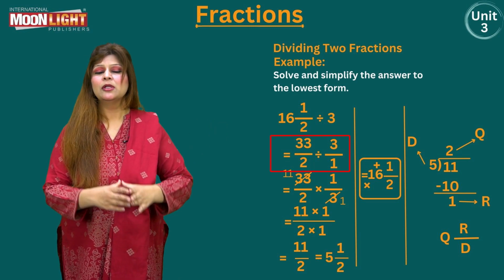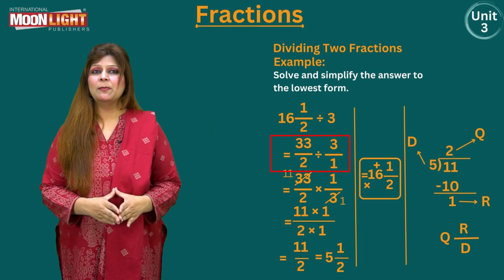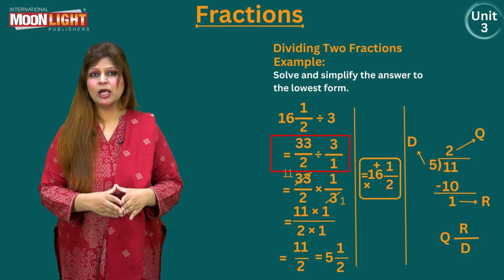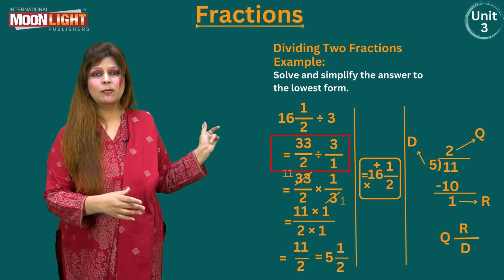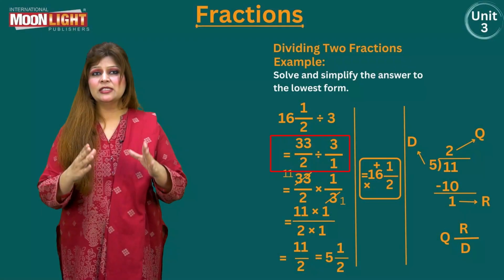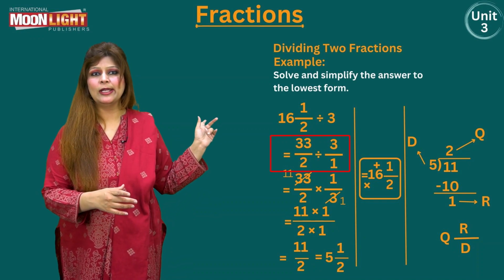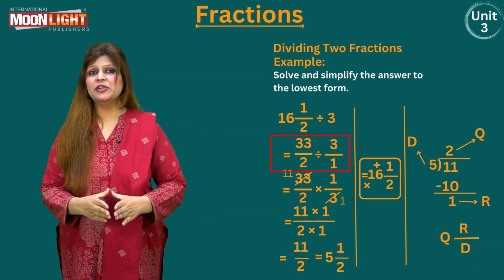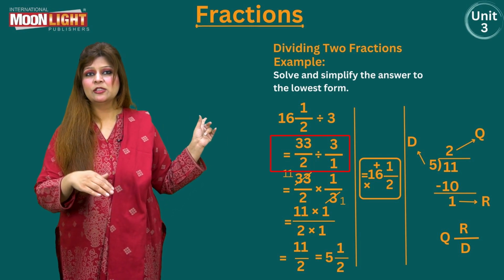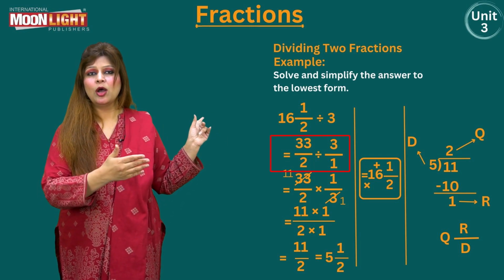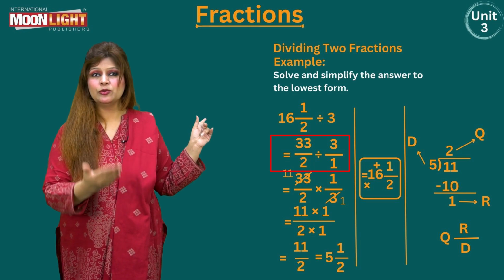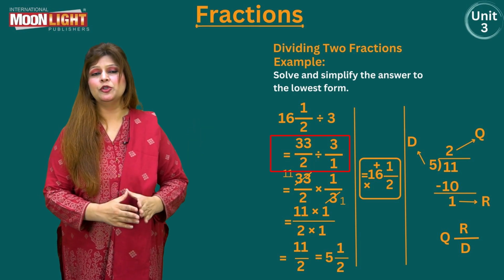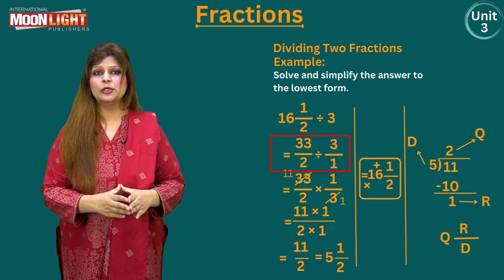Then the division symbol, then we can write the whole number as a fraction: 3 by 1. This is the fractional form of a whole number. Right now we are going to change the division symbol and switch the numerator and denominator of the second fraction, as I told you earlier.